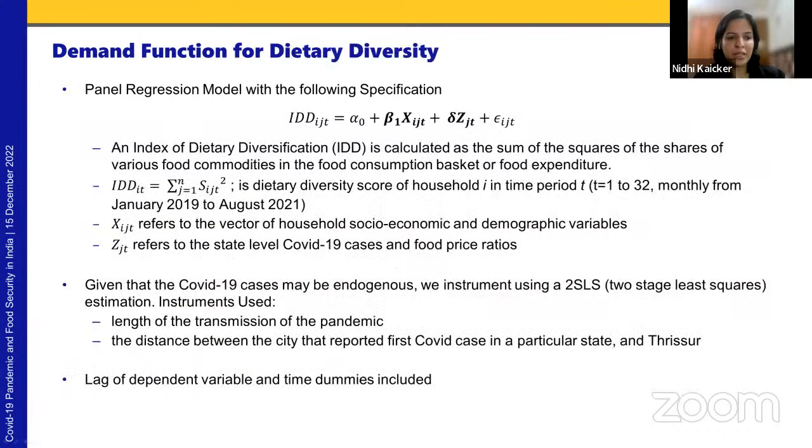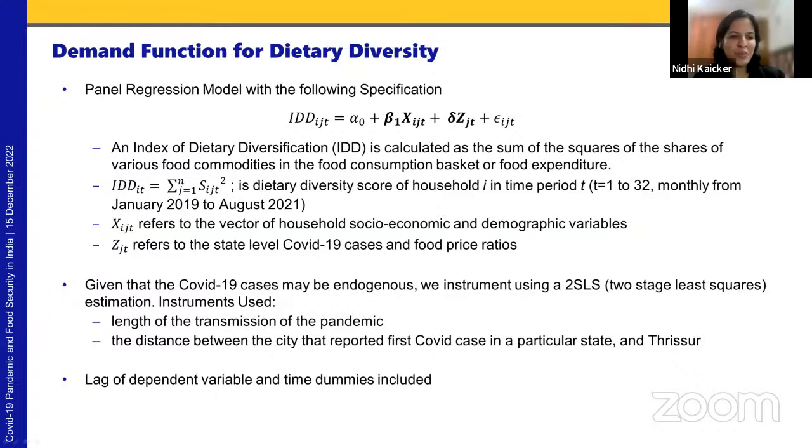The second specification that we are using is very similar to the first one. Here our dependent variable is the index of dietary diversification. I think it's time that we define what it is, since we've been saying that we will define it subsequently.